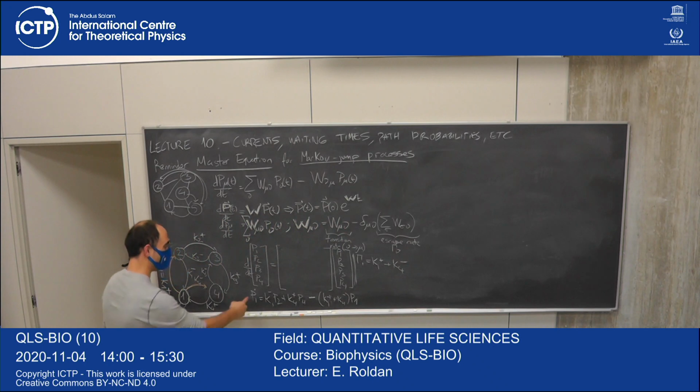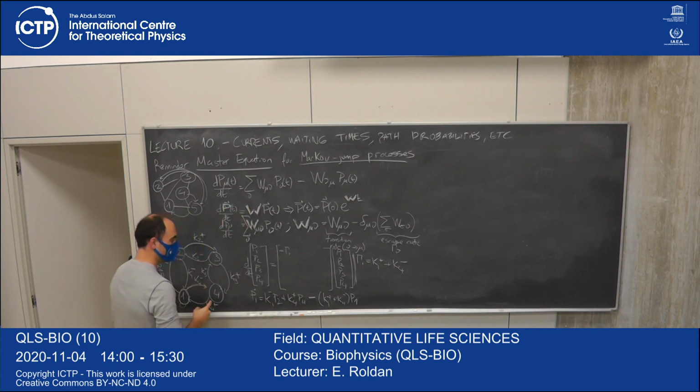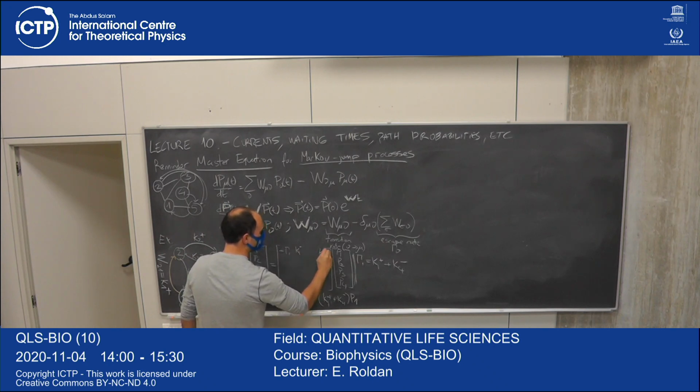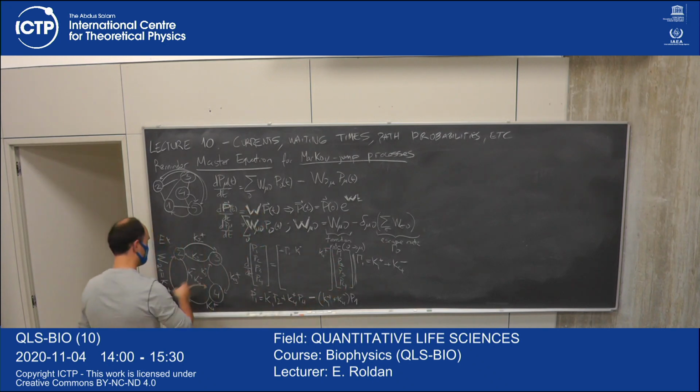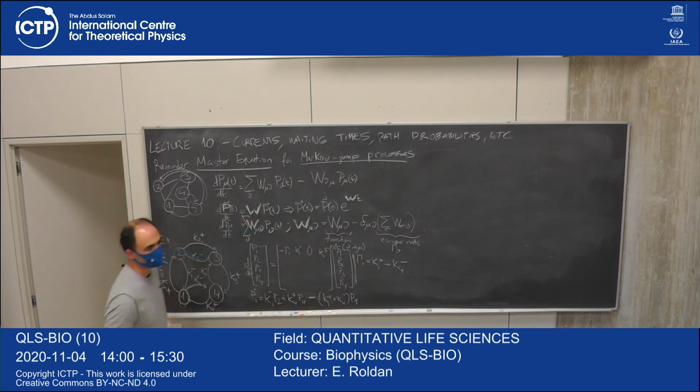So from 1 I have minus gamma 1 P1. So this is minus gamma 1. What else do I have? I have from P2 with K1 minus. From P4, K4 plus. And from P3, nothing. There's no connection with P3. 0. Okay?